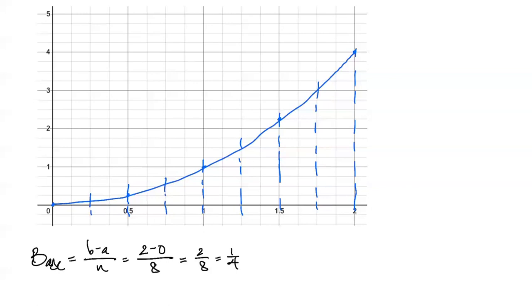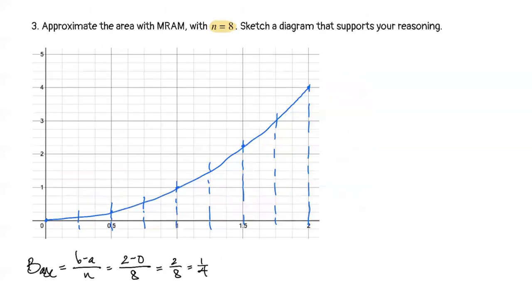But what else would make this better? Yeah, higher n value. On Desmos, we were able to say, I want you to draw 1,000 rectangles, and Desmos did it, no problem. But we're not going to sit and draw 1,000 rectangles. Just seeing that the more we draw, the more accurate each one will be is a really good place to start.